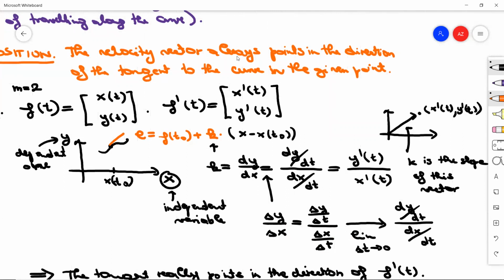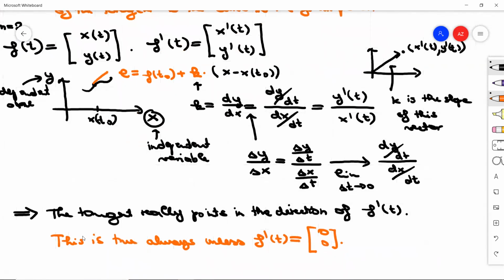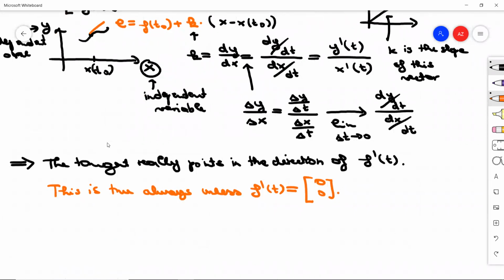So the velocity vector always points in the direction of the tangent to the curve at the given point. However, the proposition is still true, because if the tangent points in the direction of the derivative of f at t, then also the derivative points in the direction of the tangent. In the case when the derivative is 0, it still points in the direction of the tangent, even if the tangent is not 0, because then it's 0 times the tangent.